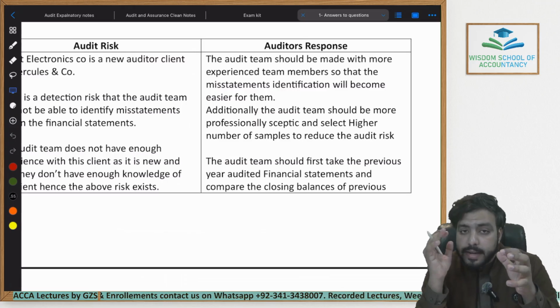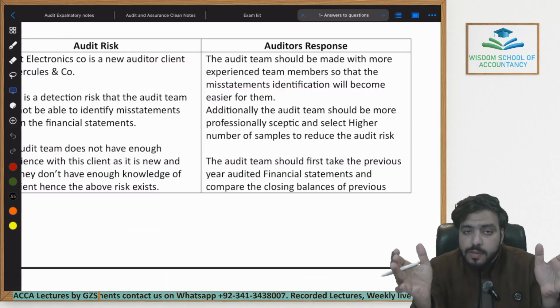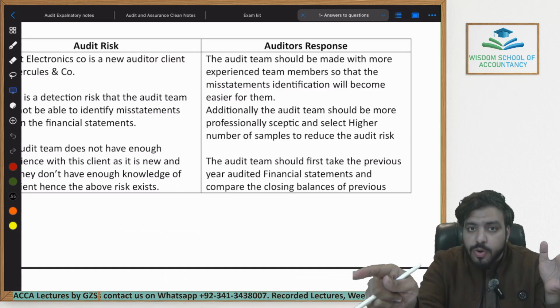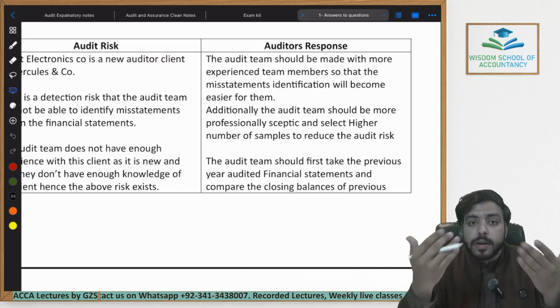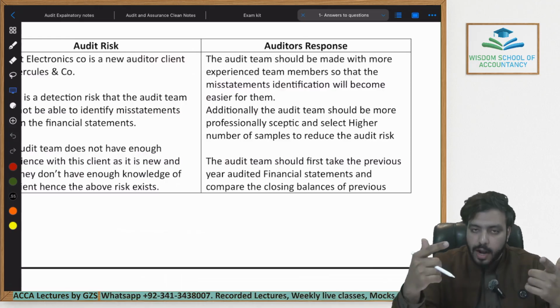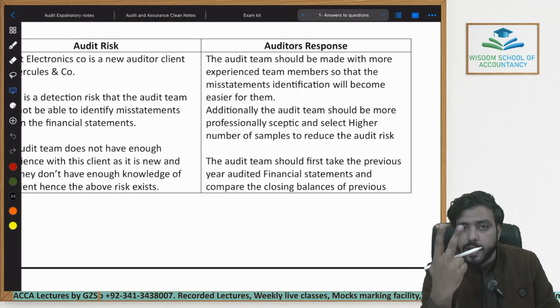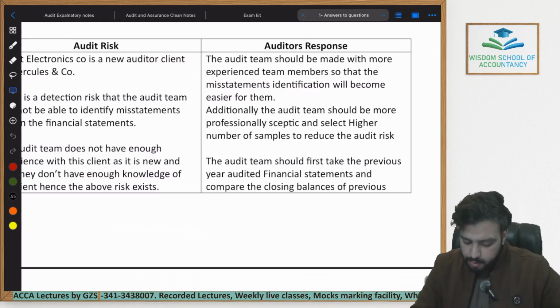We don't know about the integrity of the management, whether they are honest or not. So they may try to manipulate a lot of the things within the financial statements, because they also know that we are a new auditor for this company, and the management can easily manipulate us. They may know that, and they may take advantage of it. So that is why, number one, increase the number of samples and also be more professionally skeptic. This is the appropriate response.